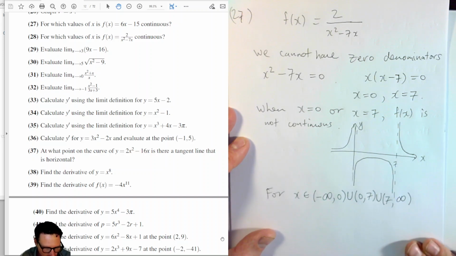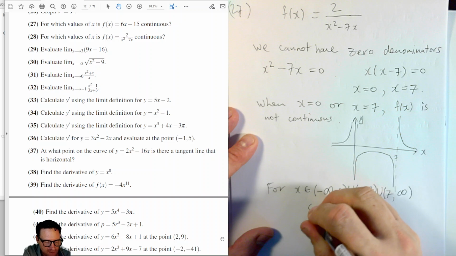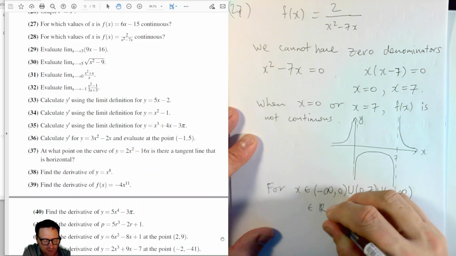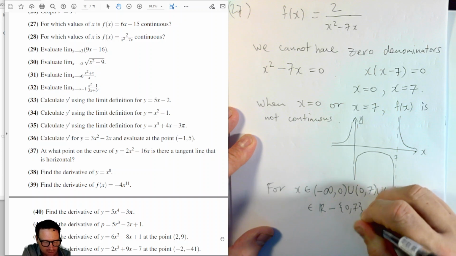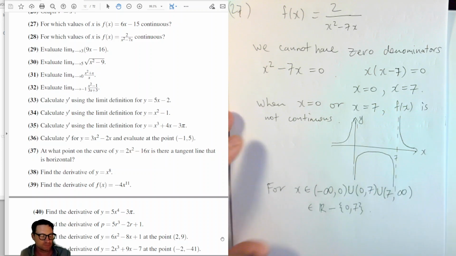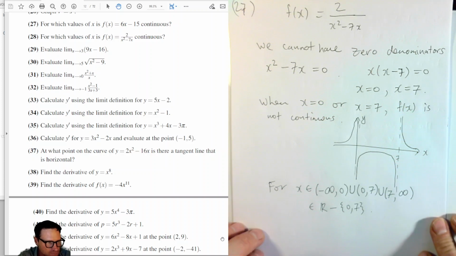Okay, so that's one way to write it, or you could say any real number except for the set containing 0 and 7 are fine as input elements of the function.